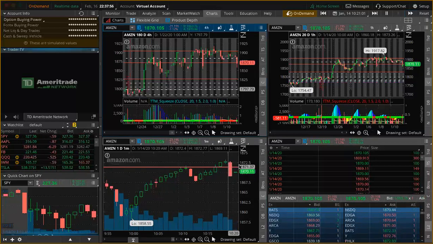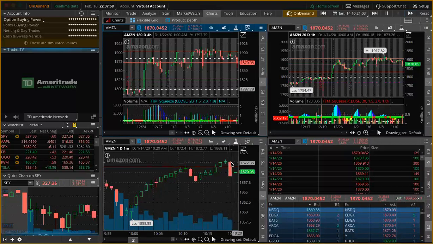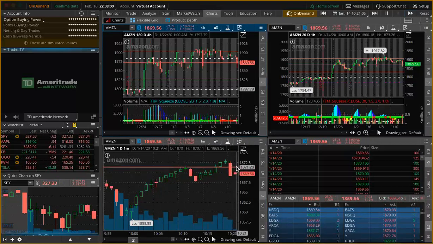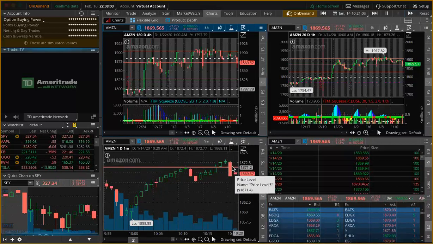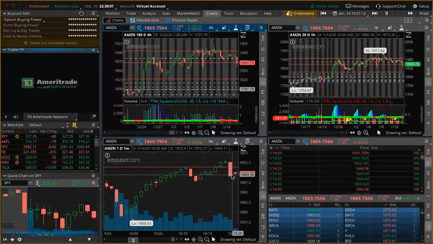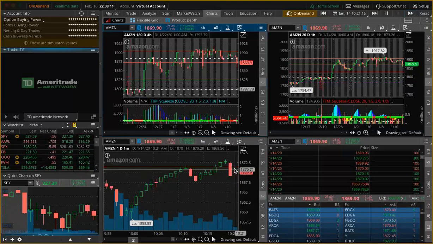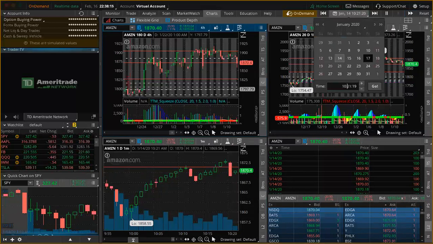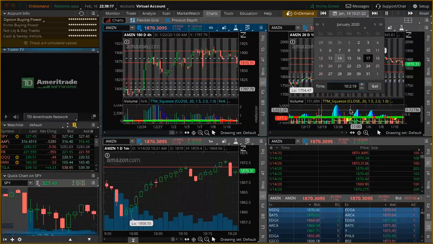A lot of times I've seen where a stock will fall off and then it will just come back, which is a lot of times just market makers psyching you out. But it closed below this level, so I took profits. I closed that contract at 10.21. I entered again at 10.26.